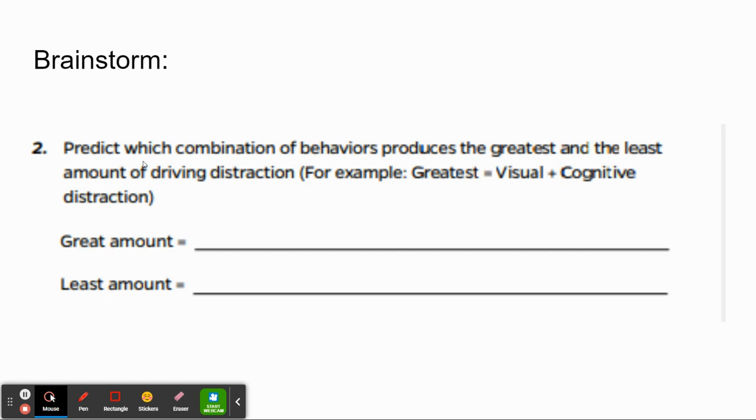We've gone over the types of distractions, we've talked about distractions in the hallway at school. Now, let's predict what combination is going to produce the greatest and the least amount of distraction while driving.